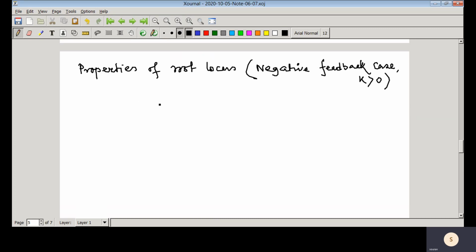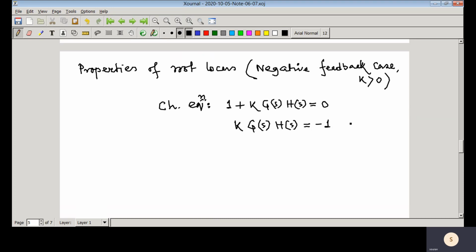Then we have seen that the characteristic equation is 1 plus k G(s)H(s) equal to 0. So from here we can write that G(s)H(s) equal to -1, and the closed loop poles actually satisfy this characteristic equation.